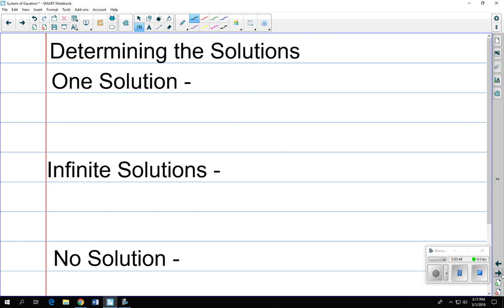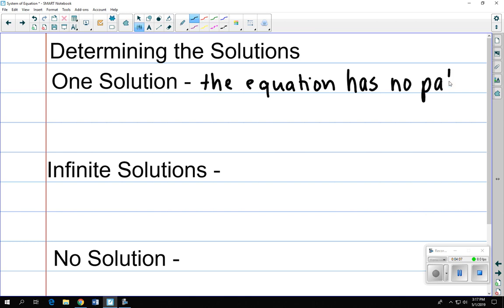The one solution is where the equation has no pattern. And this is true when I'm looking at all three of the terms within the equation.